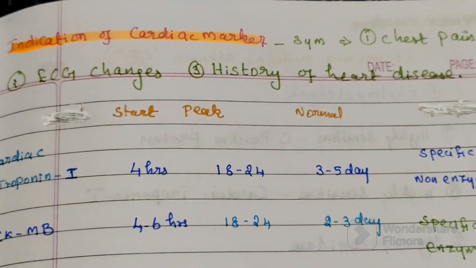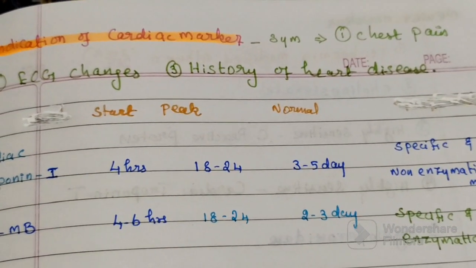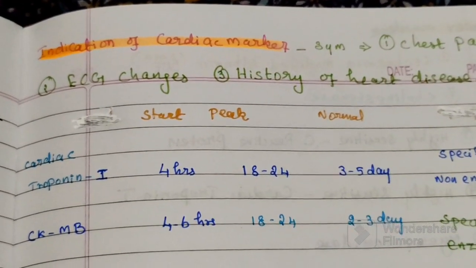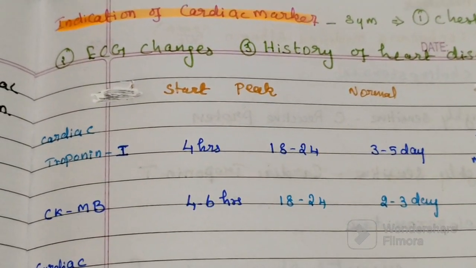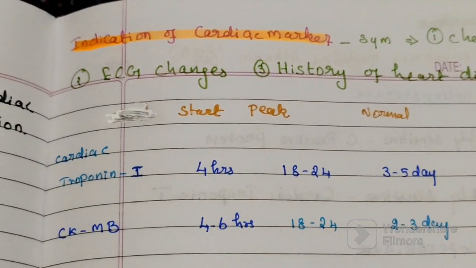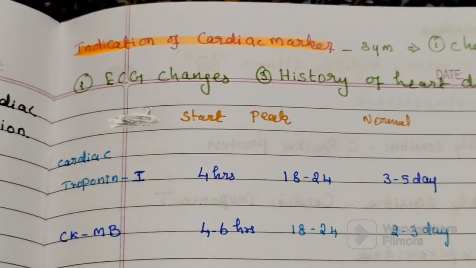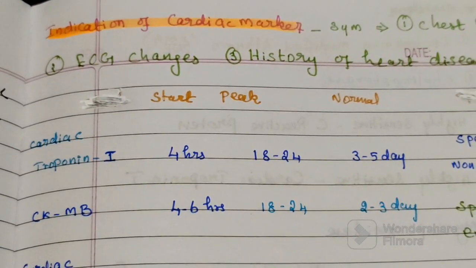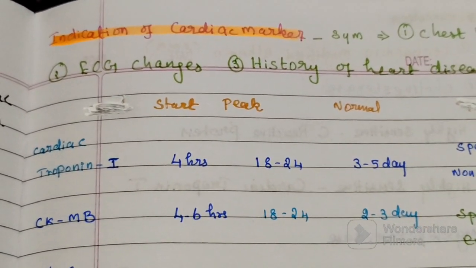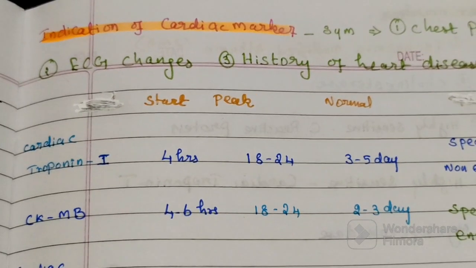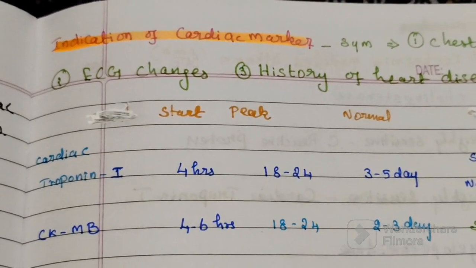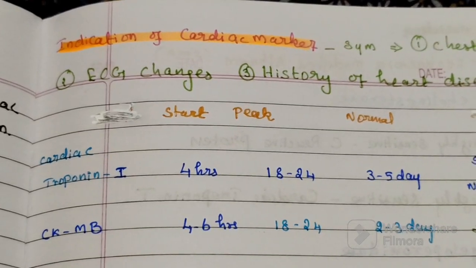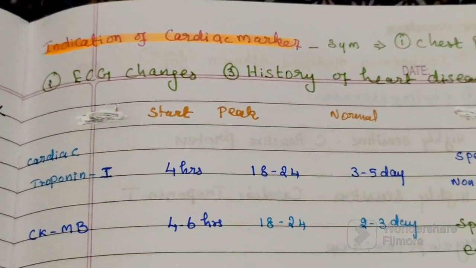Now coming to important cardiac markers. First one, cardiac troponin I. This is the important marker used for bedside testing of samples, and it gives results immediately. That's why it is used for point of care testing or near patient testing.